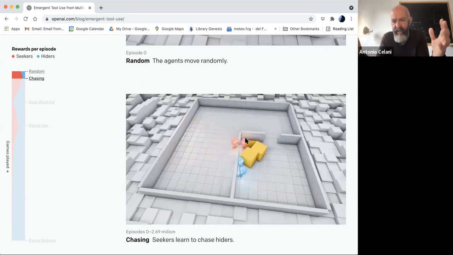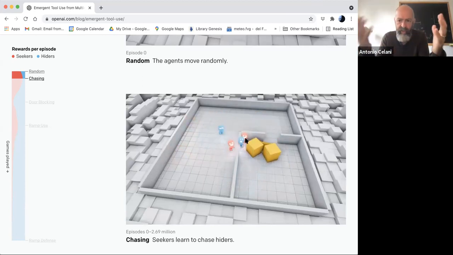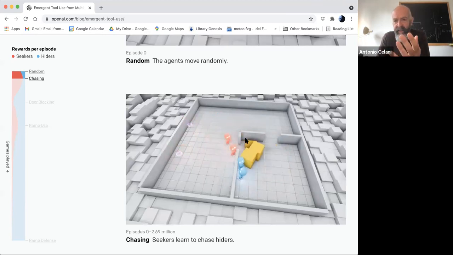So they can hide, and all these kinds of things are relevant details, because if you don't put them, you might end up with trivial solutions.